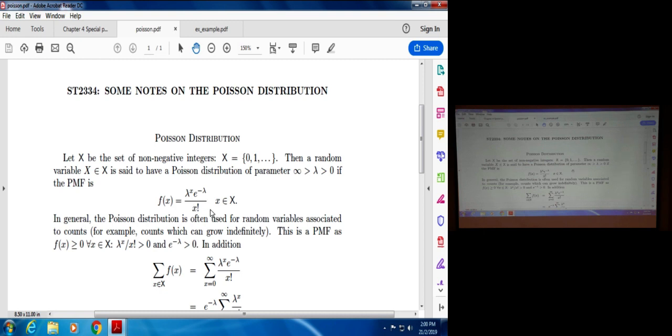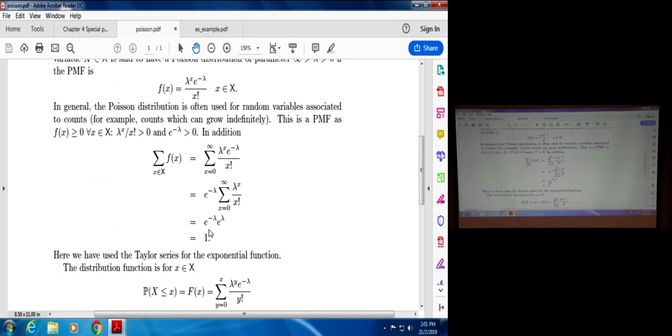As we commented last week, it's used for modeling counts, or things which can grow indefinitely.